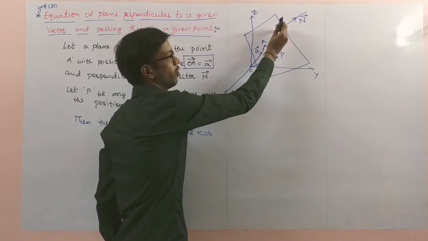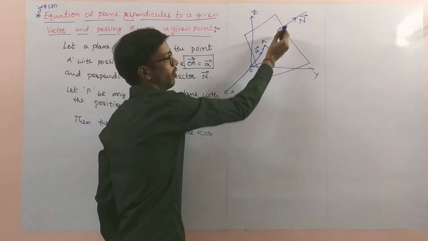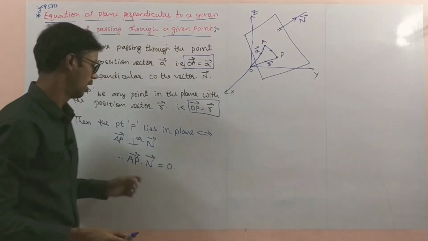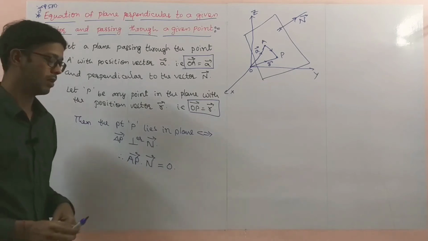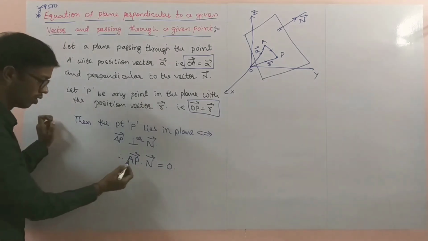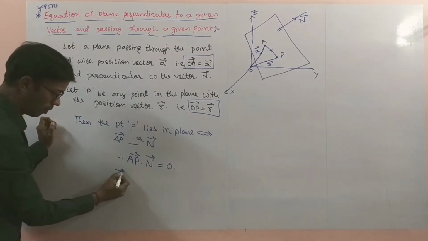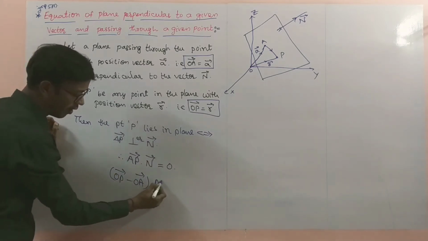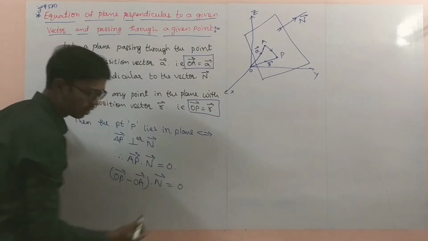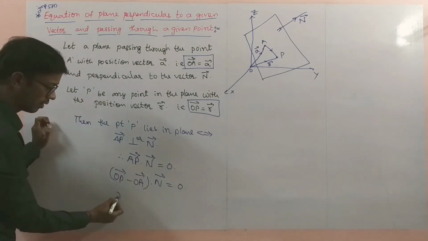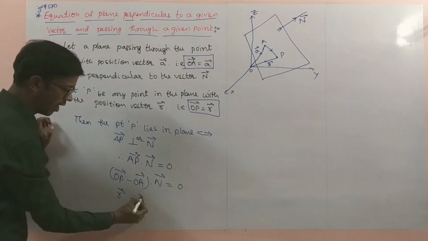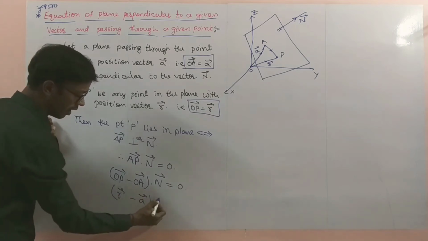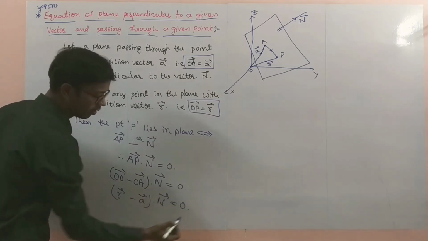You can observe here that N bar is perpendicular to AP bar. AP bar dot N bar equal to 0. This we can write as (OP bar minus OA bar) dot N bar equal to 0, that is (R bar minus A bar) dot N bar equal to 0.